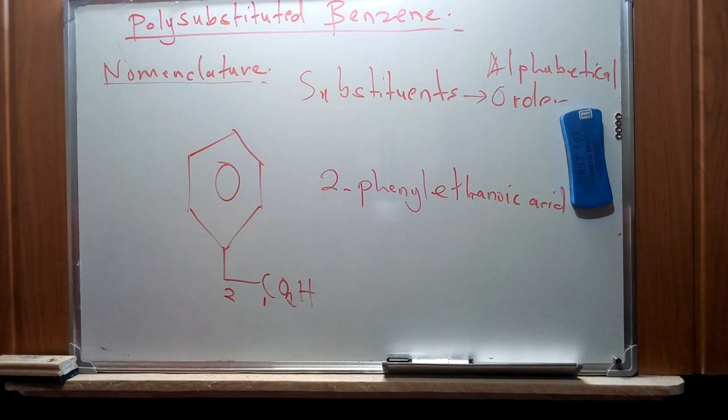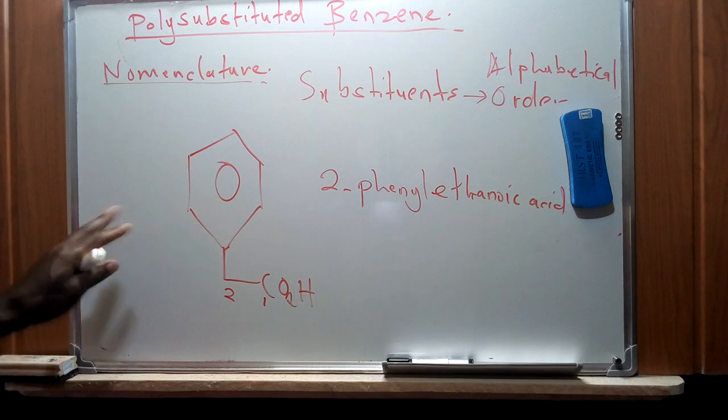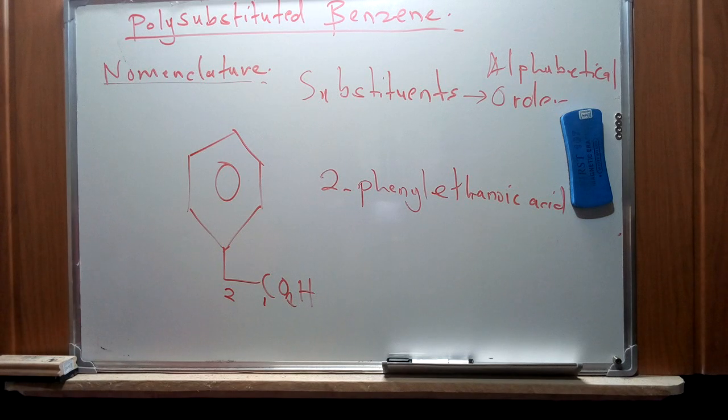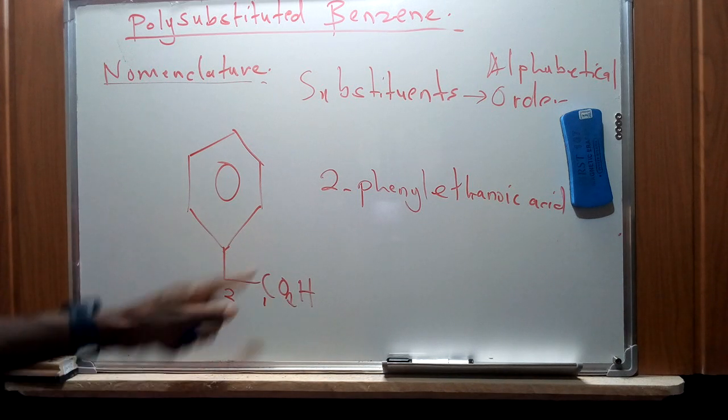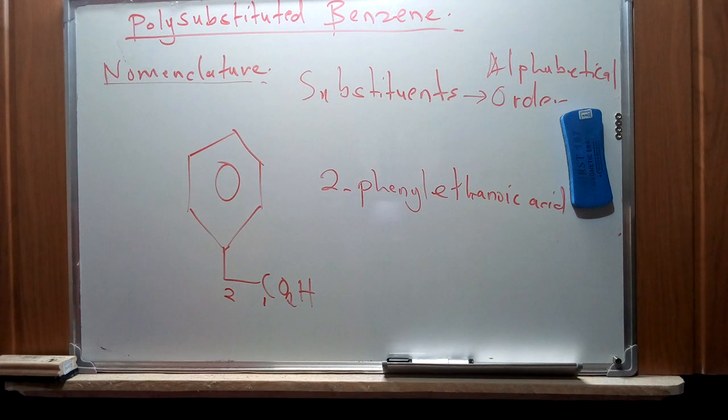So generally this is how we name polysubstituted compounds, bearing in mind that of course we have special names that we have allocated to compounds that we have named, just like the ones that we have done before for mono and disubstituted benzenes. Now for polysubstituted benzenes, we use the special names, and as well we are going to look for the order of priorities of parts of the molecule, just like the last compound that I've mentioned on the board.